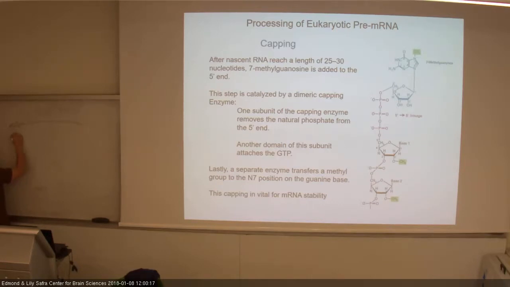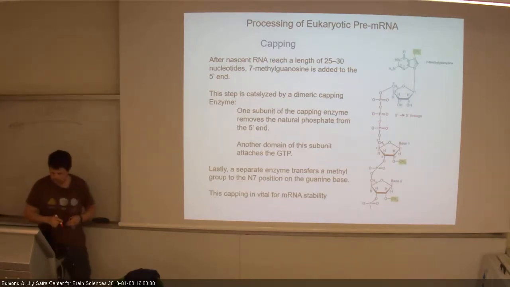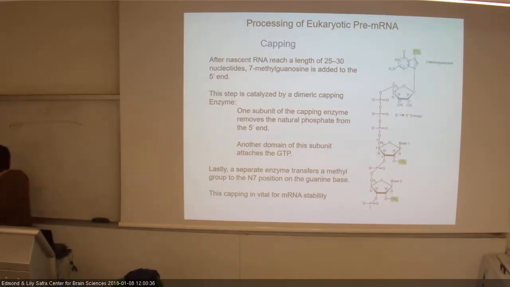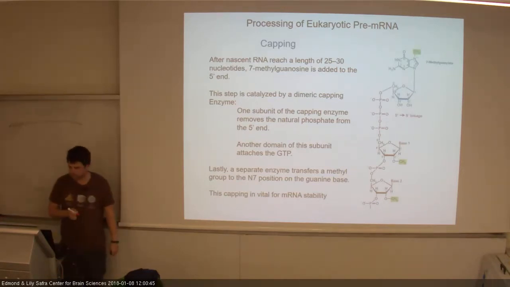So the initial segment that comes out from the RNA polymerase is always the 5 prime. In the initial steps of transcription, a 5 prime cap is added to the 5 prime end of the growing mRNA molecule.